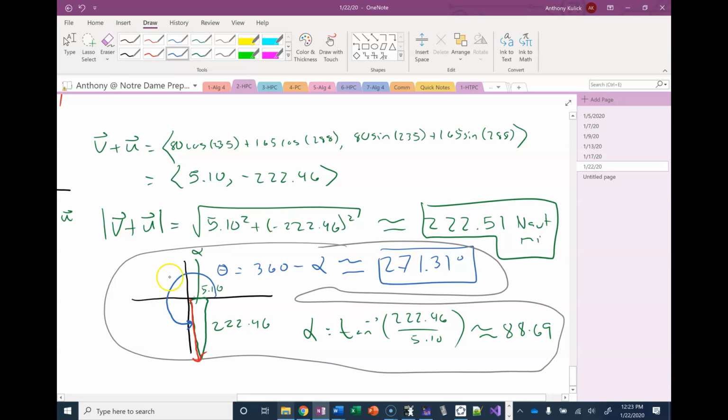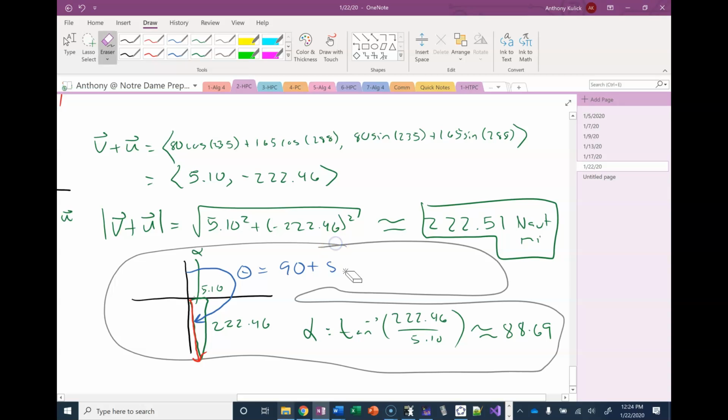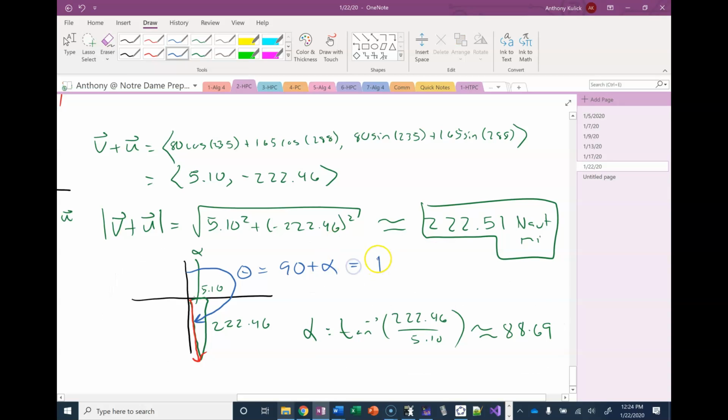My apologies, I just got going and forgot the question. What we're looking for is a bearing, so we want this angle, which is just going to be 90 plus alpha. So 178.69. My apologies.